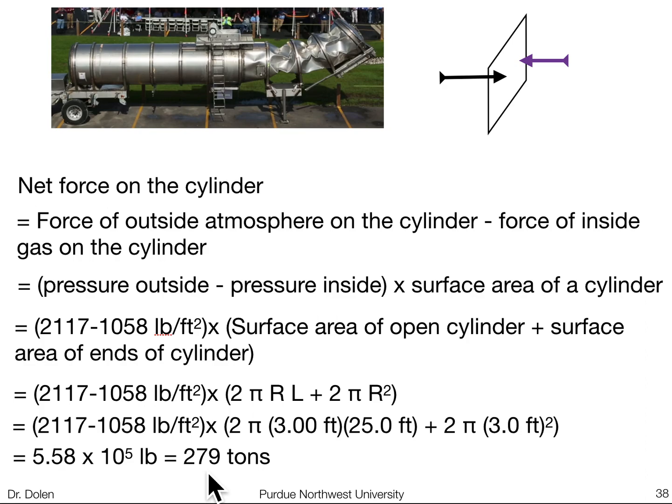That's just a back of the envelope calculation, but it's a fun one. We would typically do this type of problem with something like a window. If you have a window in the house, it's a nice flat area, you can figure out the net force on that window just by considering the pressure outside, the pressure inside, and the area of the window.